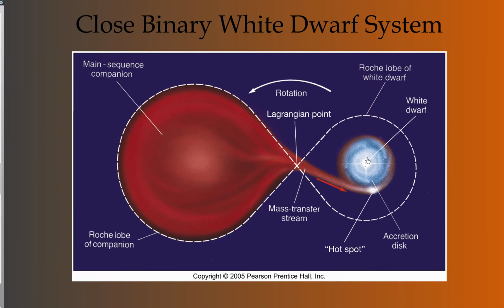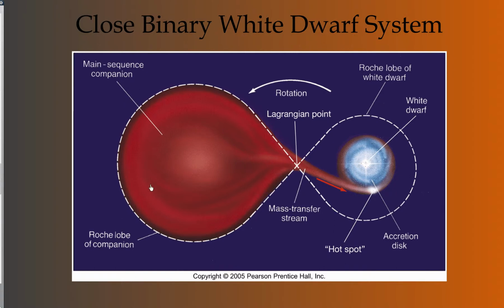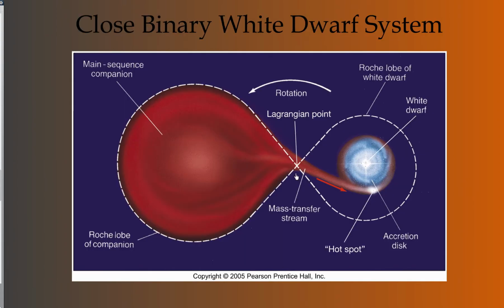So this is what I was talking about. This could represent Sirius B, back in this picture here, Sirius B and its companion star. If the white dwarf is close enough to the main sequence star, then it can actually steal material from the outer parts of the companion star, mostly hydrogen, a bit of helium.